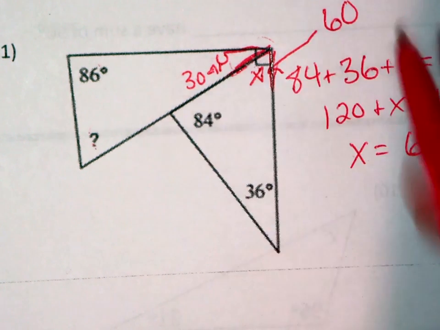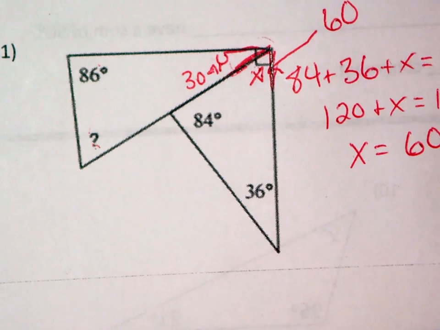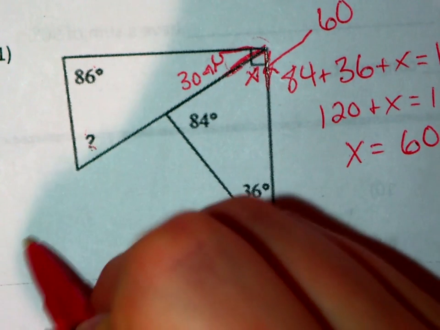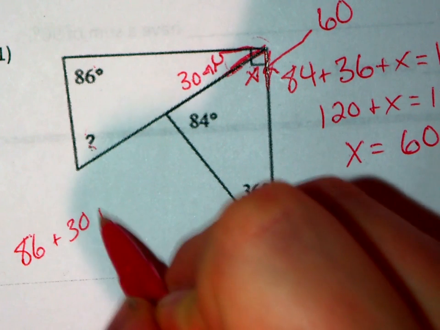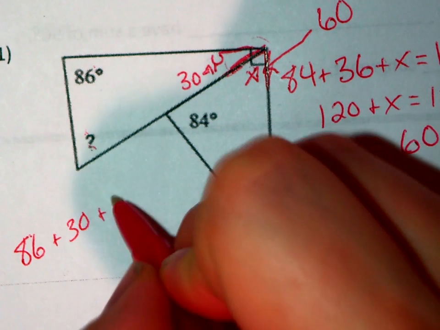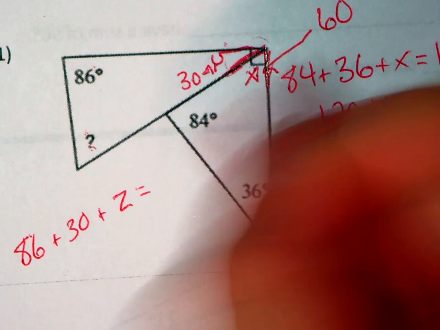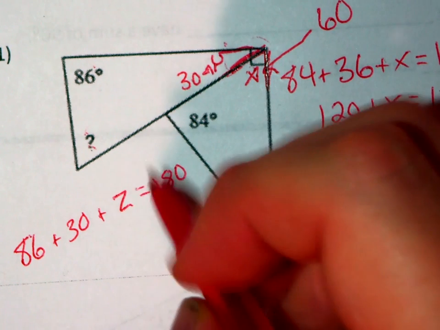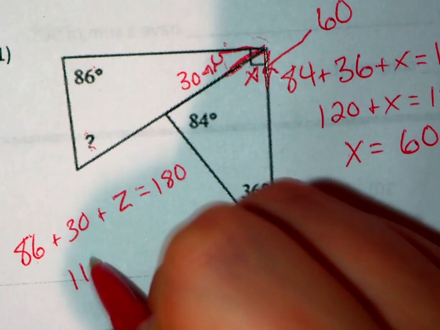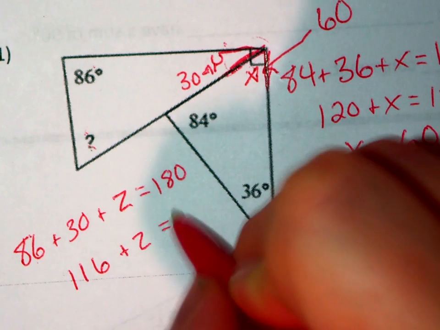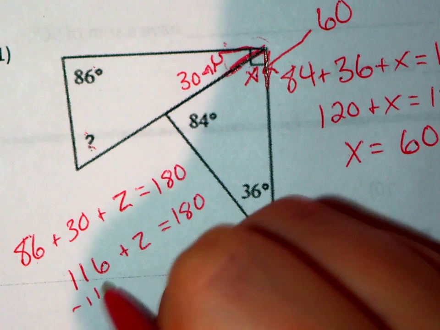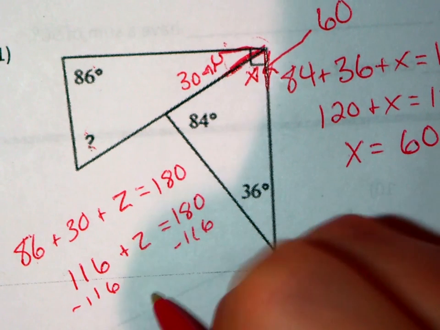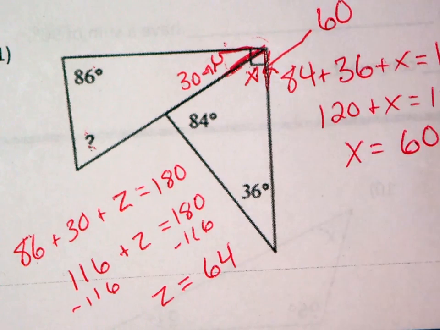That then gives me enough pieces to find my third missing angle in my triangle. 86 plus 30 plus, let's go to z now, I've used x and y, equals 180. 86 plus 30 is 116, plus z equals 180, minus 116 from both sides, z equals 64 degrees.